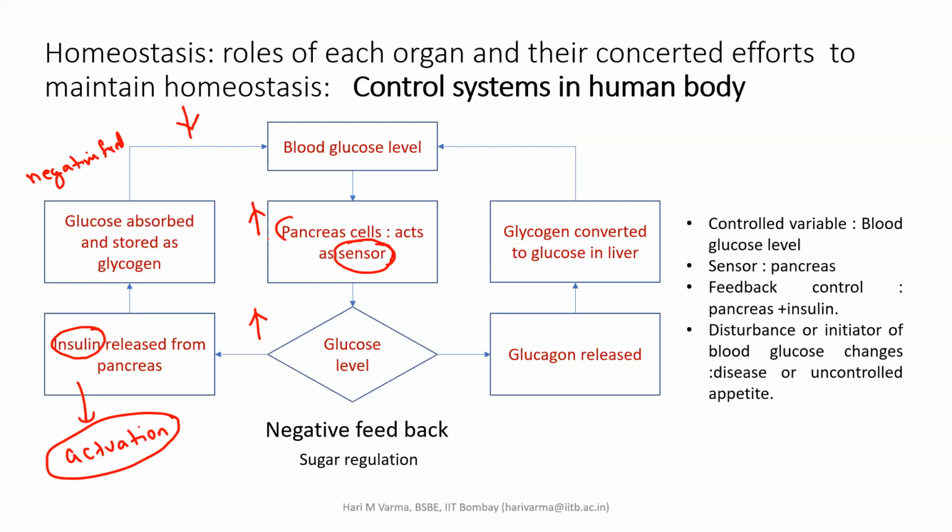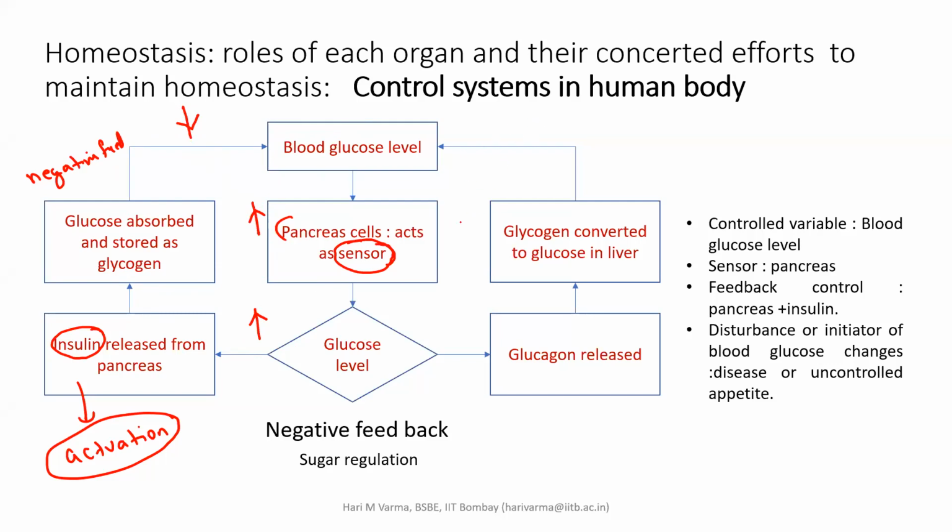Any increase in the blood glucose level is opposed and effectively reduced, so that a more or less stable glucose level is maintained, provided all these functions happen properly. If it doesn't happen properly, then we have diabetes, right?